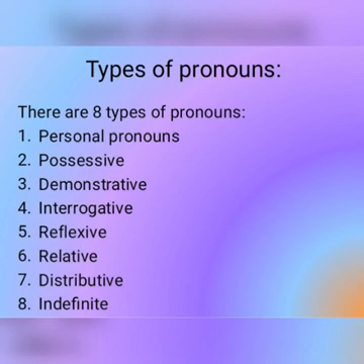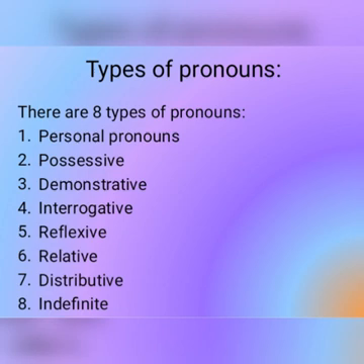Fifth, we have the reflexive pronouns. And sixth is relative pronouns. Seventh, you can see here, is distributive pronouns. And lastly, at number 8, we have the indefinite pronouns. Now we'll be discussing all these pronouns one by one in the following slides.